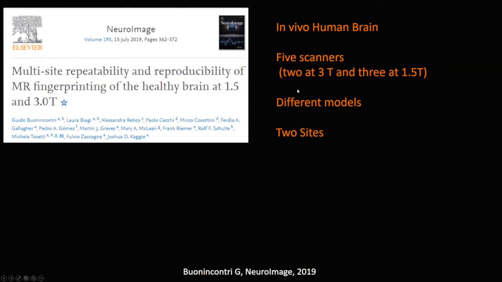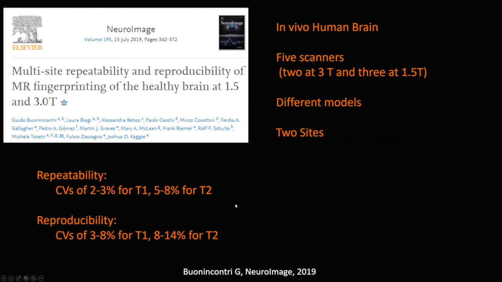Here they study the repeatability and the reproducibility in 2 different fields, 3T and 1.5T, with different models and 2 different sites. Again, similar repeatability and reproducibility levels were reported in a different vendor.